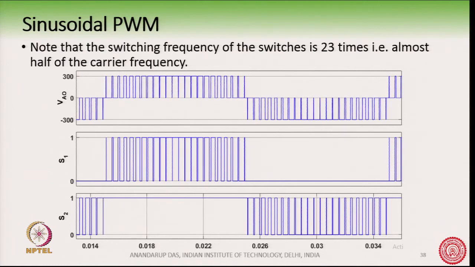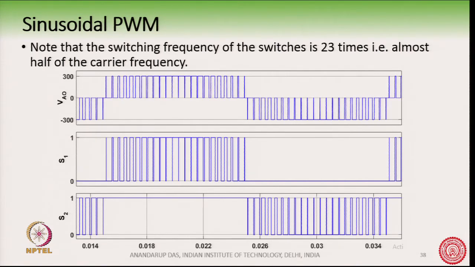So, we see that different switching patterns exist in switches S1 and S2, and this will create different switching and conduction losses in these devices.